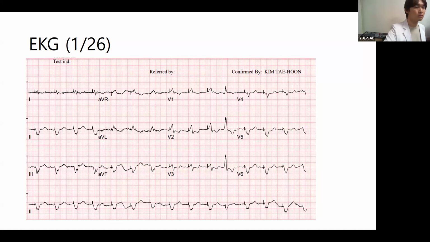So we need RCTs, and at this last ESC meeting, there was an RCT comparing CSP and BiV CRT in patients with LBBB, and the result was that BiV CRT was superior compared to CSP. It was done in Brazil.